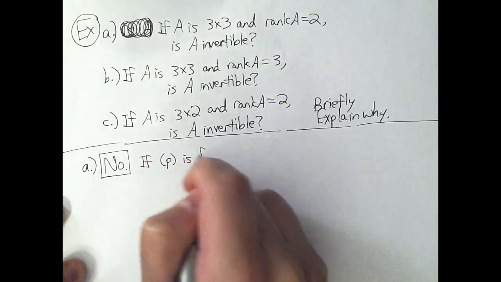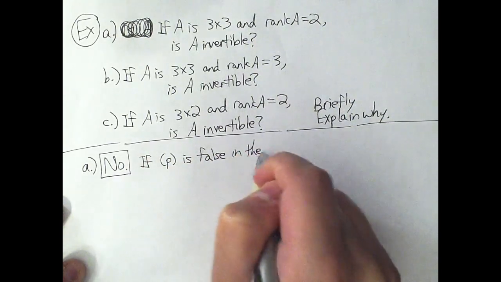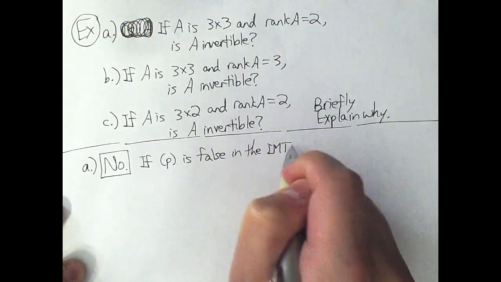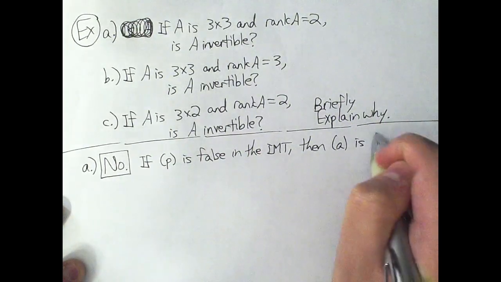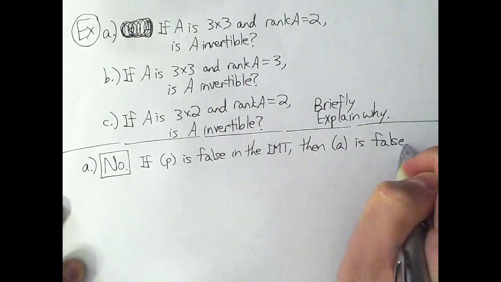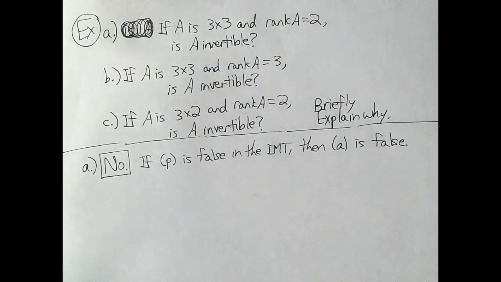If P is false in the IMT, then A is false. That's how I know. We have a false statement in the IMT. Therefore, all of the statements in the IMT are false for that matrix.